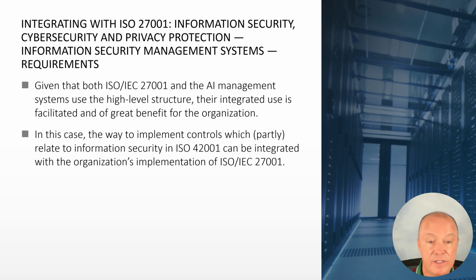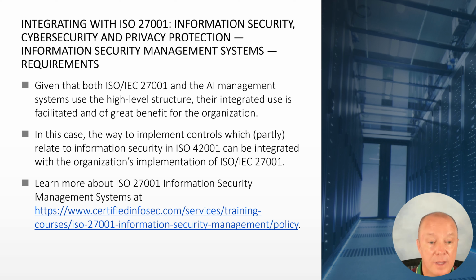So in this case, the way to implement controls which partly relate to information security in ISO 42001 can be integrated with the organization's implementation of ISO 27001 information security, cybersecurity, and privacy management. Again, you can learn more about ISO 27001 at Certified Information Security on our website.